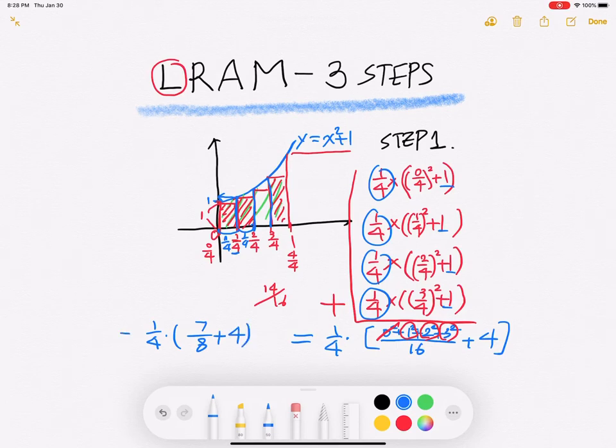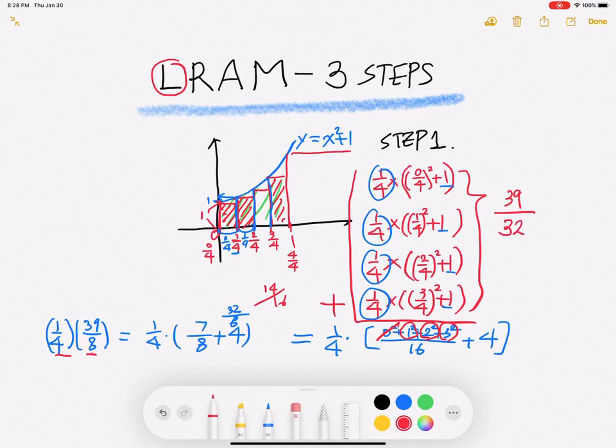This is equal to 1 over 4 times 40 is 32 over 8, so 39 over 8. 7 plus 32, 39. 39 over 8. So the sum of these 4 rectangles' area is 39 over 4 times 8, 32. 39 over 32.